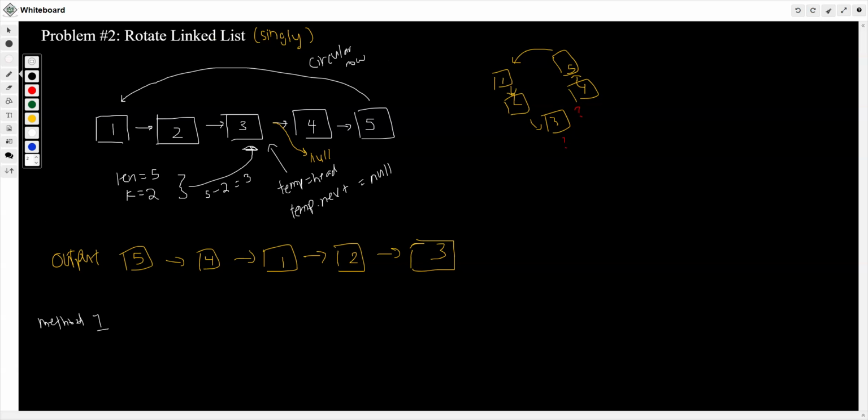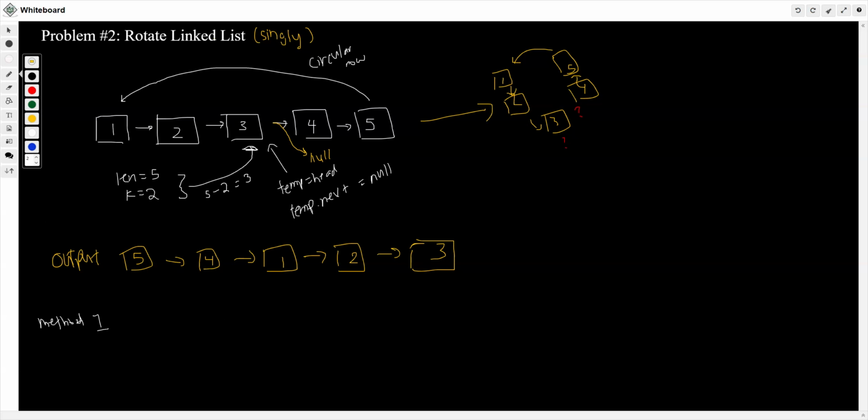And method 2 is what is shown here, and I really like it. You have to traverse through the entire list first, get to the end, get this number here, and instead of pointing 5 to null, you point 5 to the head.